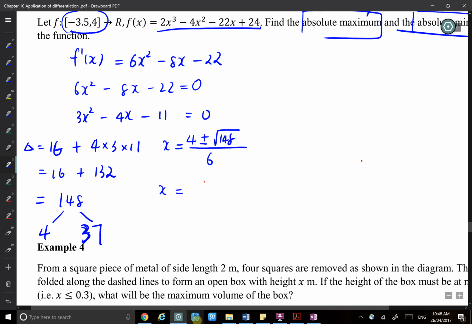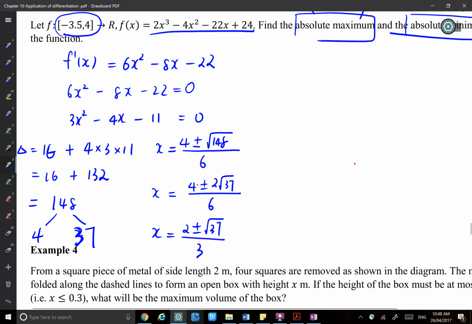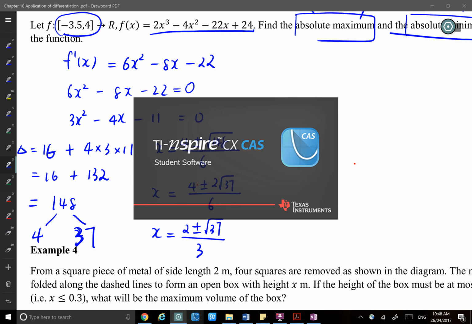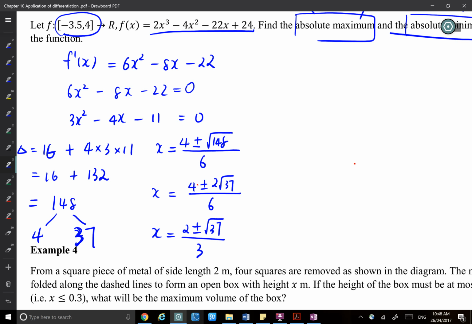So x equals 4 plus or minus 2 root 37, over 6. And x equals 2 plus or minus root 37, over 3. For 3x squared minus 4x minus 11 equals 0, I'll use CAS to work out this value.